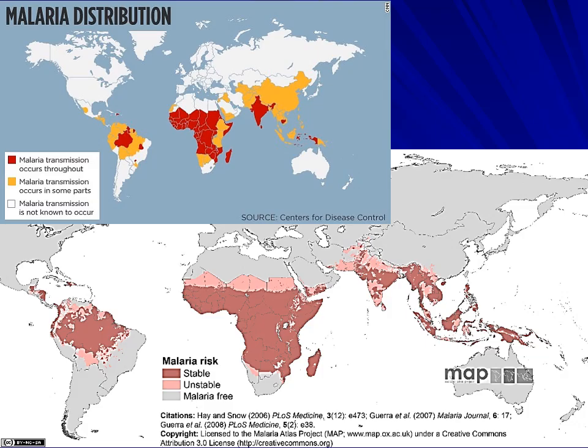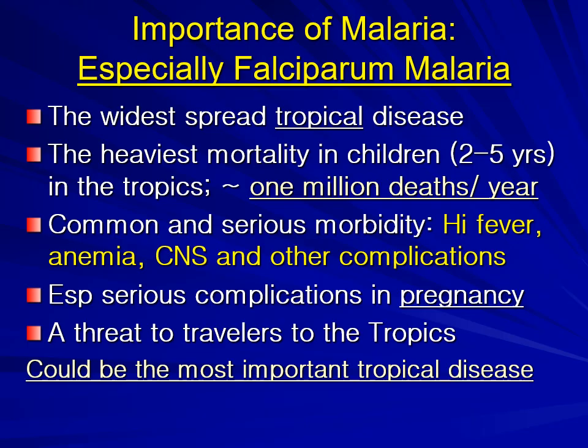Similarly, in the Amazon basin, the peripheries are less endemic, of course. And if you look at India and at Southeast Asia here, malaria is distributed in different foci. Generally, it occurs more in rural and forested areas, rather than in the modern and urbanized cities.